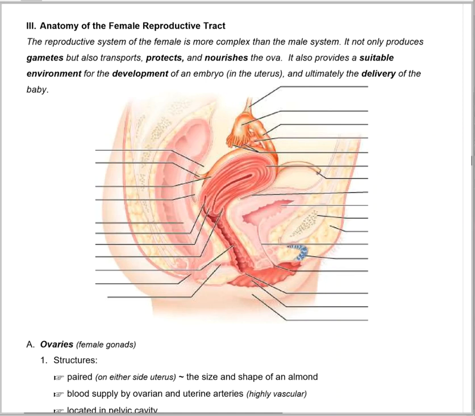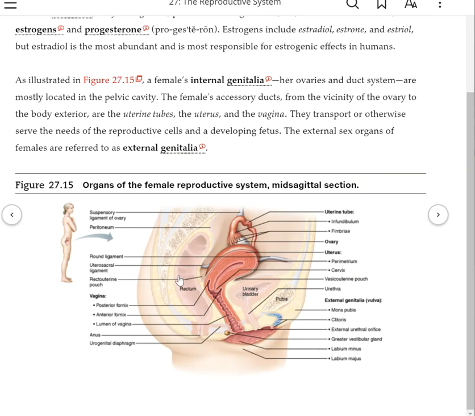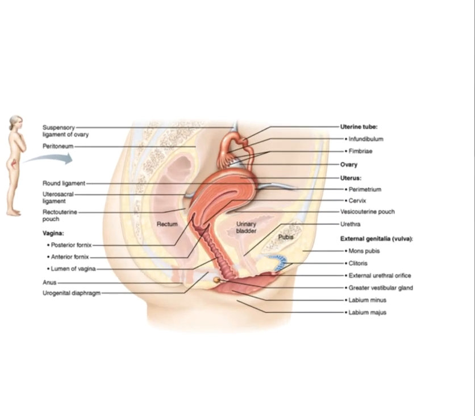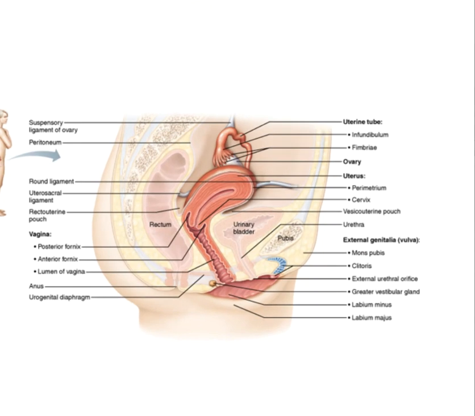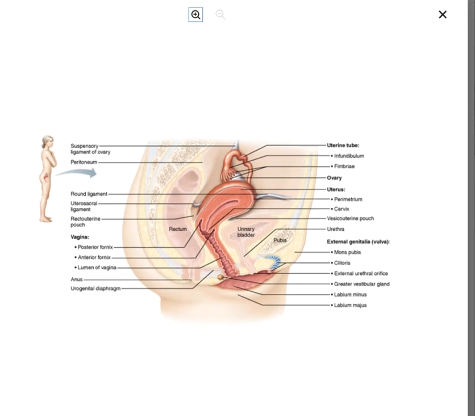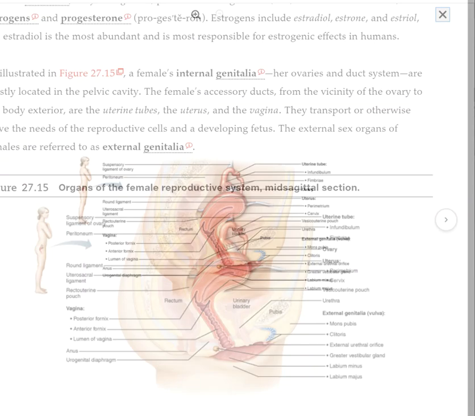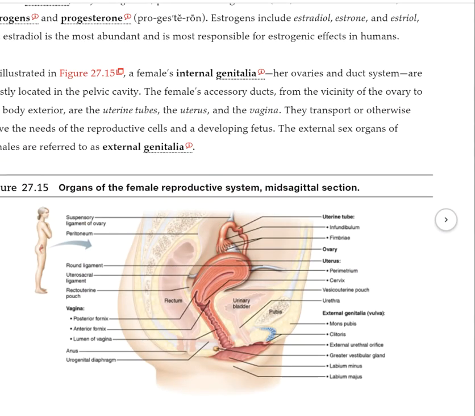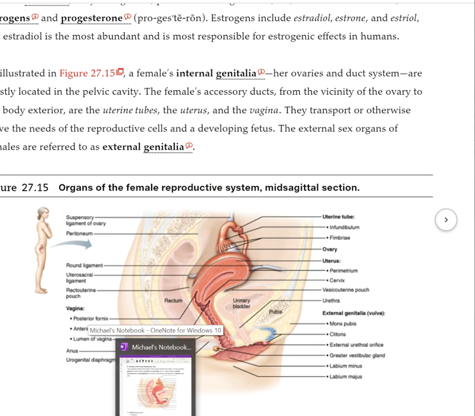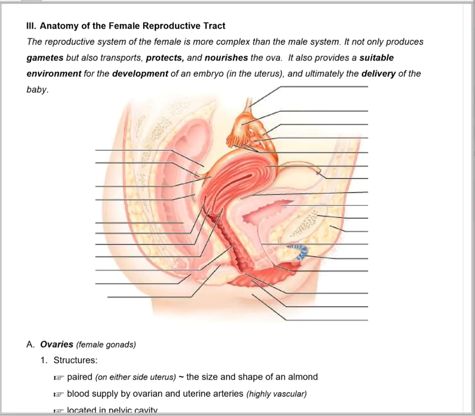If you go over to the book, on page 1061 this figure has everything filled in, and that'll help you both for your lecture and your lab. However, we might note a couple things here and talk about a few things on the other pictures on the following pages.